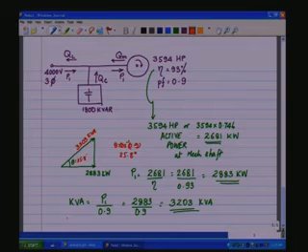The reactive component is given by the root of 3203 squared minus 2883 squared, and that is equal to 1395 kVAR. So, this is 1395 kVAR.